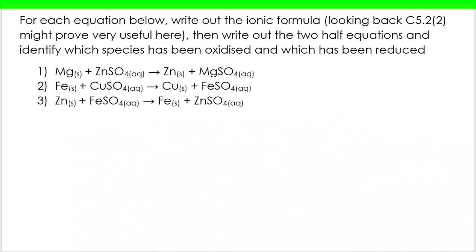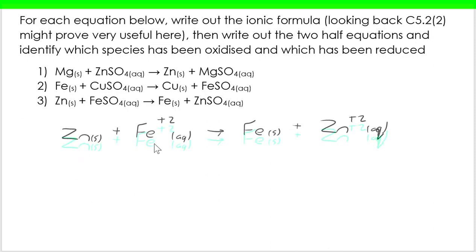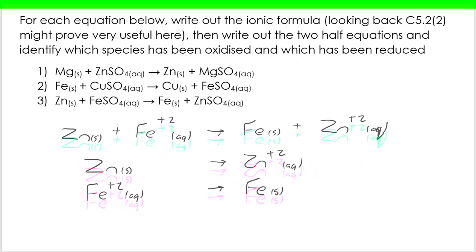Final example. And on here we have got zinc and iron 2 going to iron and zinc 2. I break it down, my zinc going to Zn²⁺, my iron 2 going to iron, state symbols included all the way through. And how am I going to balance the charge? Well, I'm going to add 2 electrons on the right on the top one and 2 electrons on the left on the bottom one.